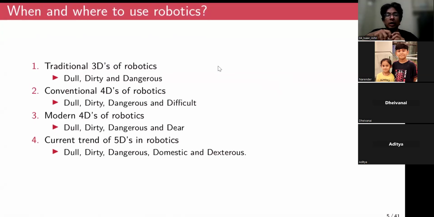And then, later, with the advent of more computational capabilities, we started to deploy robots on dull, dirty, dangerous, and difficult tasks. Because tasks that are difficult even for a human being could be much, much more difficult for a robot to perform, right?